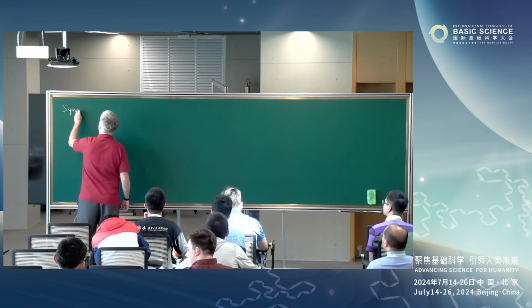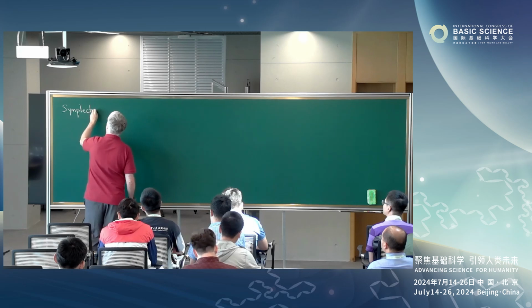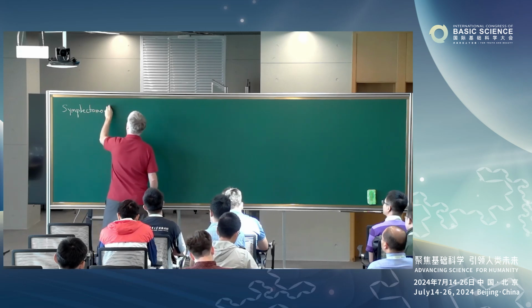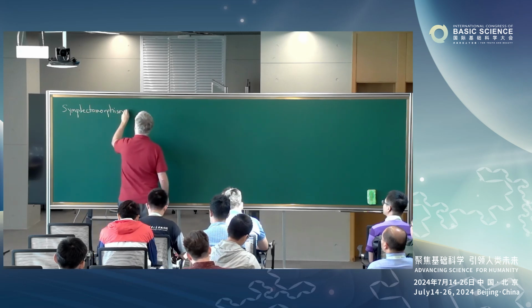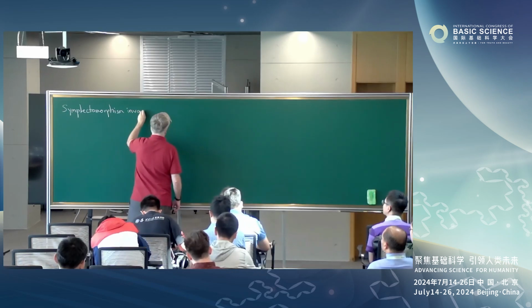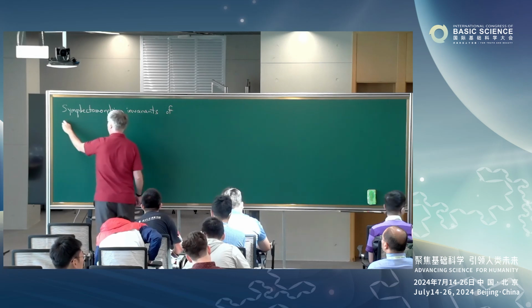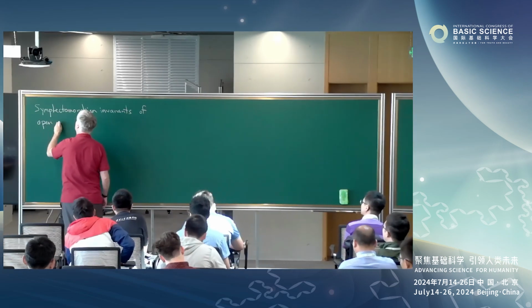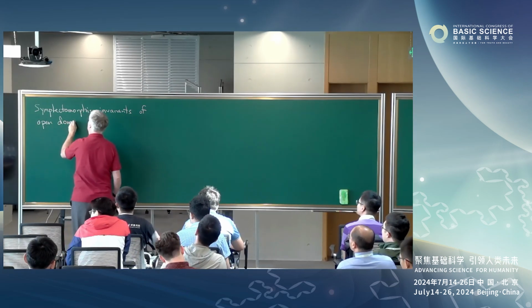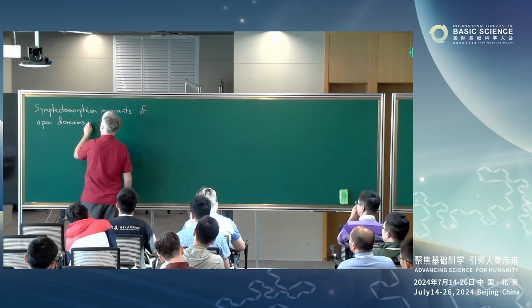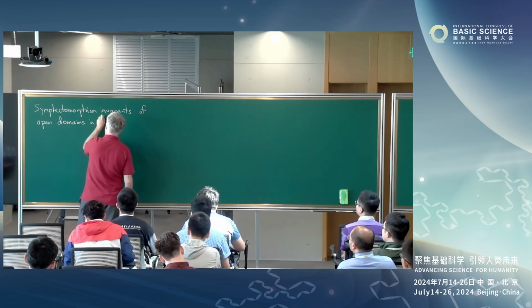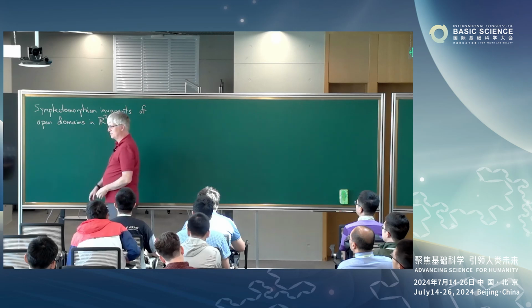So I want to talk about symplectomorphism invariants of open domains in R2n. So what do I mean by this?